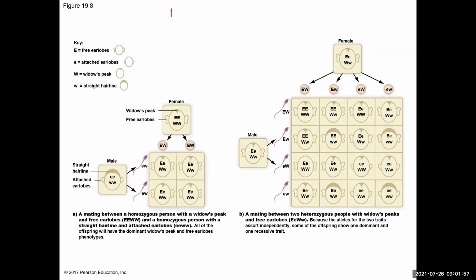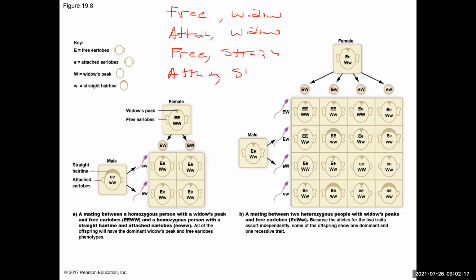You can have an individual with free earlobes and widow's peak. You can have an individual with attached earlobes and widow's peak. You can have an individual with free earlobes and a straight hairline. And you can have an individual with attached earlobes and a straight hairline. So this is homozygous dominant, right?